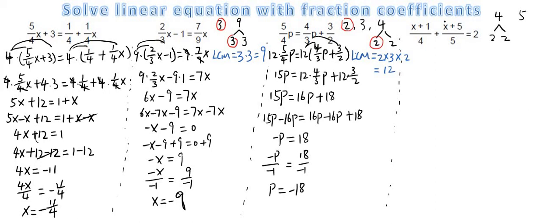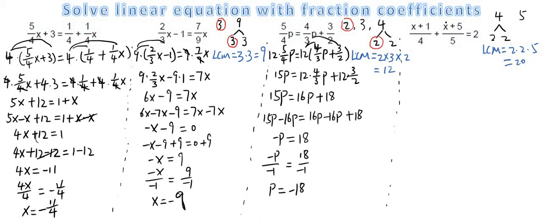And here we couldn't find any common factor. So that means we can multiply them together. 2 times 2 times 5 equals 20. That's it.